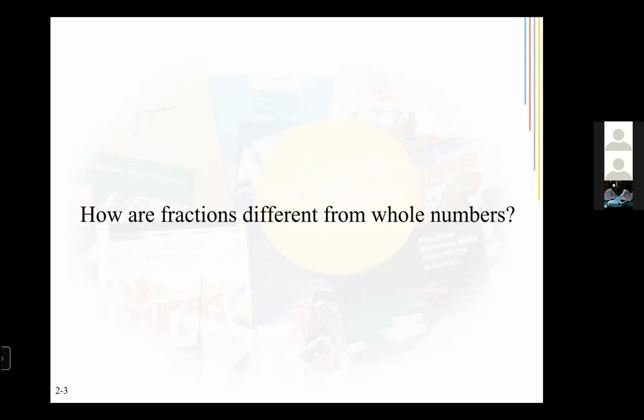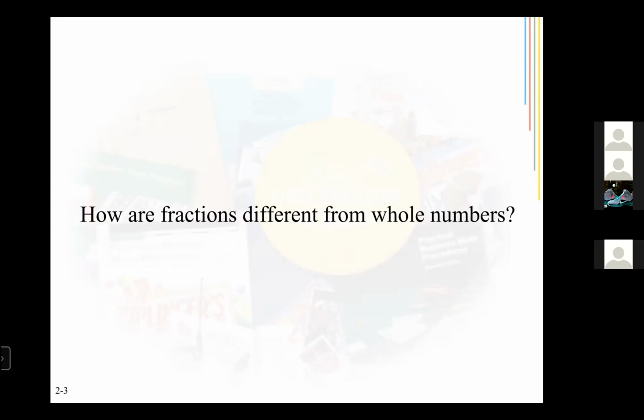Okay, all right. That's the essential purpose of it, to give us a portion of a whole. And how are they represented in comparison to regular whole numbers?